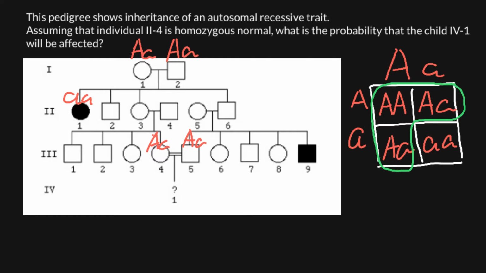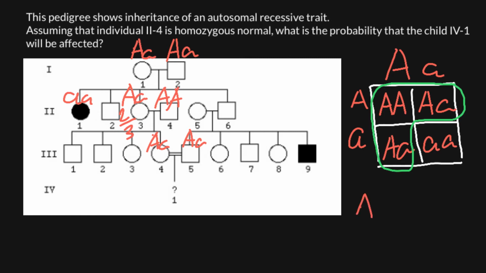Once again, the probability for this female to be heterozygous is 2/3. If this female is heterozygous, and we were told that individual 4 in generation 2 is homozygous normal, with genotype capital A capital A, let's build another Punnett square.